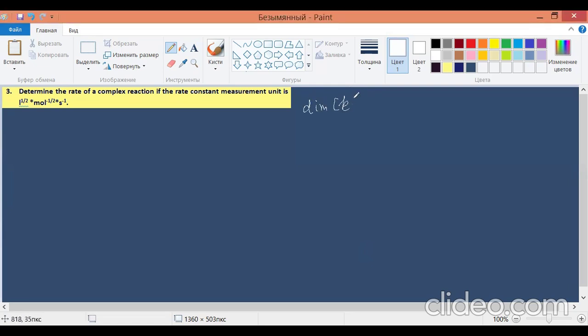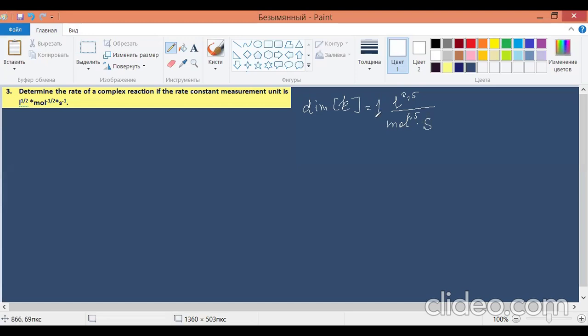In other words, we can write that the dimension of the rate constant is liter raised to a half divided by mole raised to a half times second. I'm sorry, that's my fault.